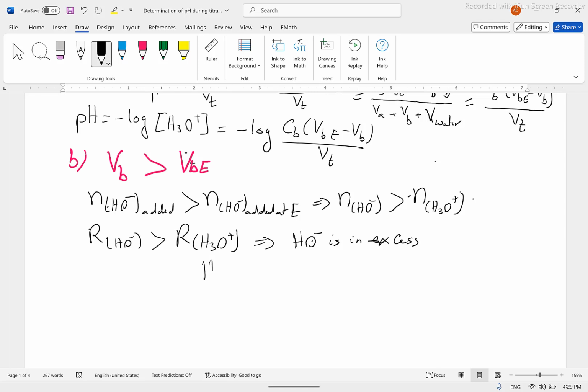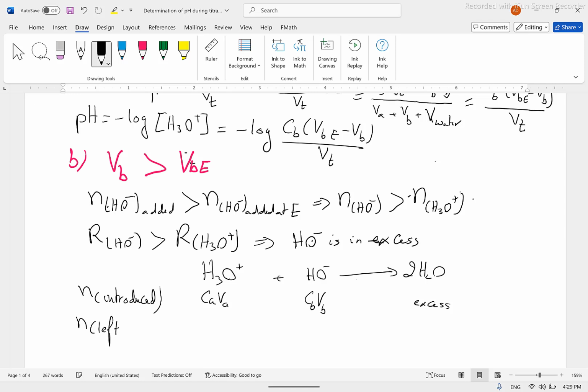We write the titration reaction: H3O+ plus HO- give 2H2O. Number of moles introduced equals CaVa for H3O+ and CbVb for HO-. Water is in excess. Number of moles left: in this case, H3O+ is the limiting reactant, then the number of moles of H3O+ left equals 0. HO- is in excess, and the number of moles of HO- left equals CbVb minus CaVa.